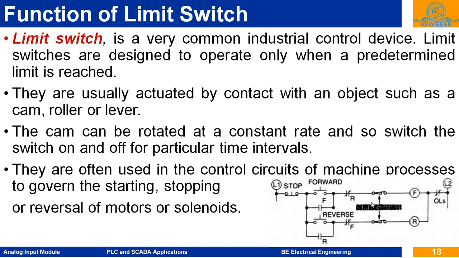When your hook moves in the upward direction, that is sensed by the limit switch and it will give the stop command, so it will not move beyond this limit. Similarly, for the lower position the limit switches are provided.